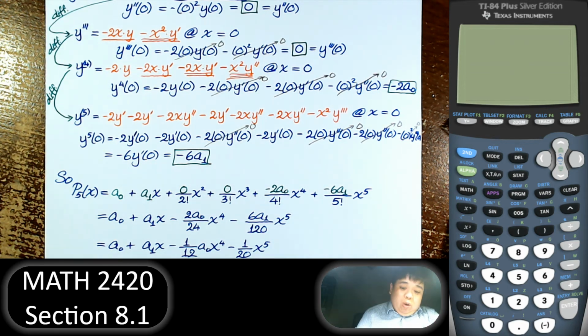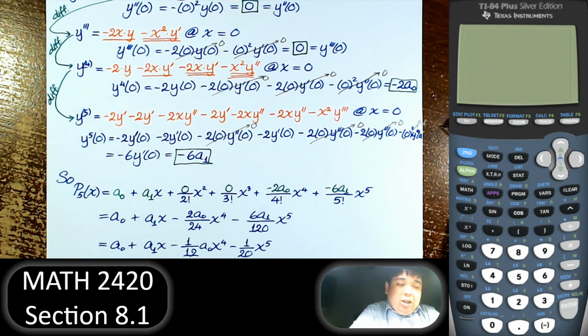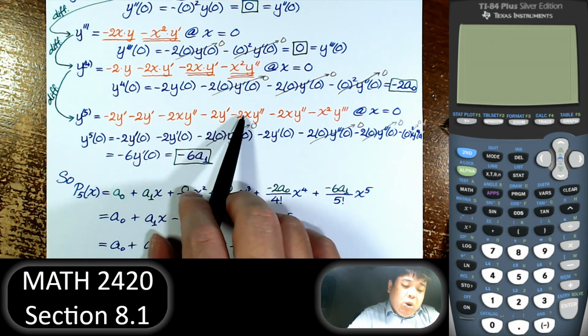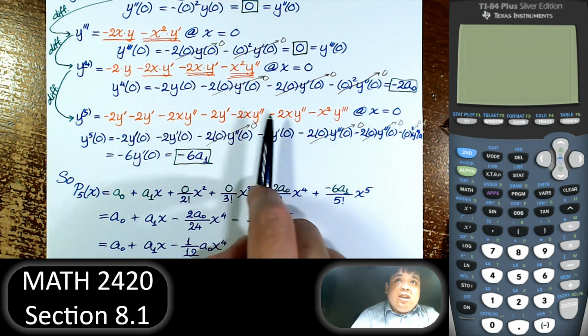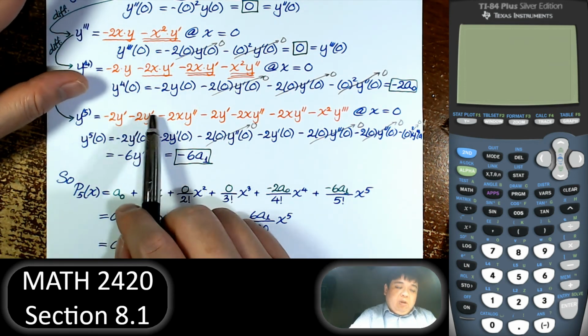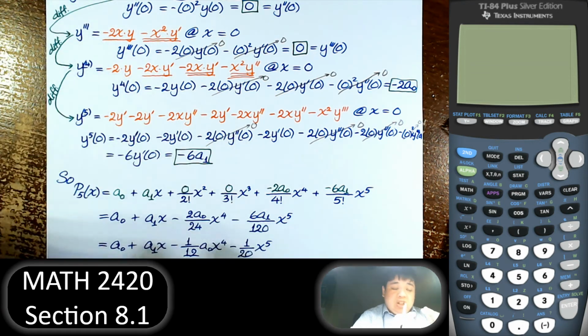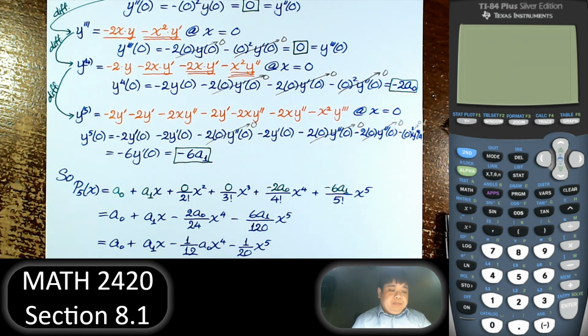Of course, if we have to go further, we're going to take the derivative of this and just keep going further. In that case, we might want to simplify this first and recognize that every time we have an x, that's going to be 0. So that makes sense. If we have to go further, then we have to recognize some pattern. Otherwise, if we just keep taking derivatives, it's going to be a little bit of work.